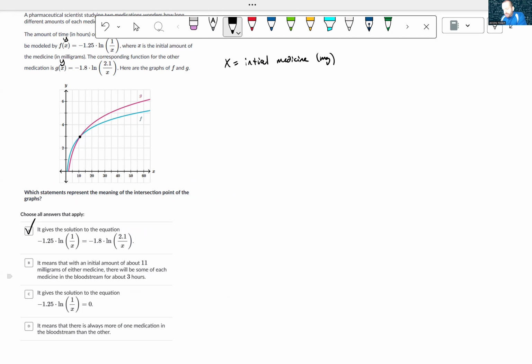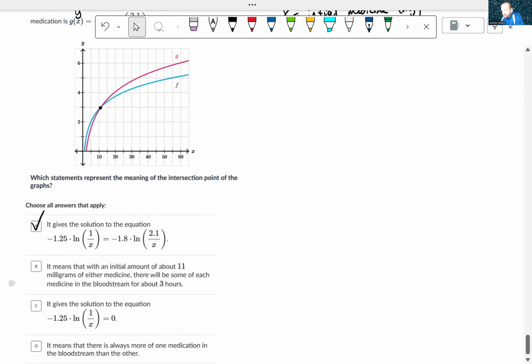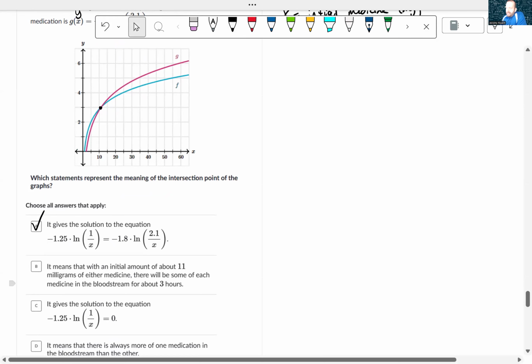The next one says it means with an initial amount of about 11 milligrams for either medicine, there's going to be some of each medicine in the bloodstream for about 3 hours. This one kind of was confusing to me when I first saw it.